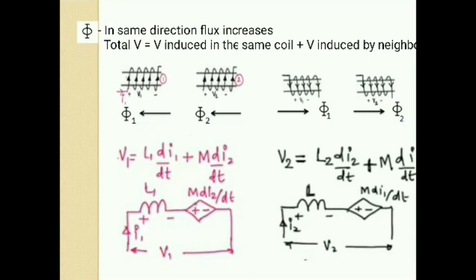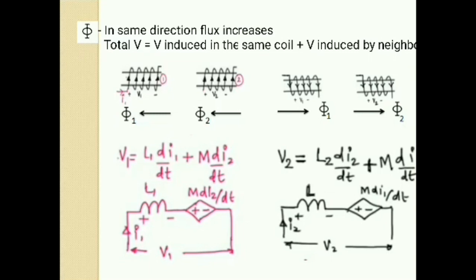Using the same thumb rule for coil 2, I denote the flux direction. In both coils, the flux directions are the same. If the flux is in the same direction, the total flux increases. Mind it, if the fluxes are in the same direction, the total flux increases. If the fluxes are in opposite directions, they decrease. We will see this one by one.